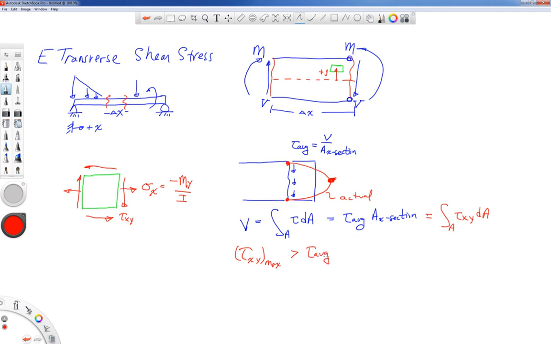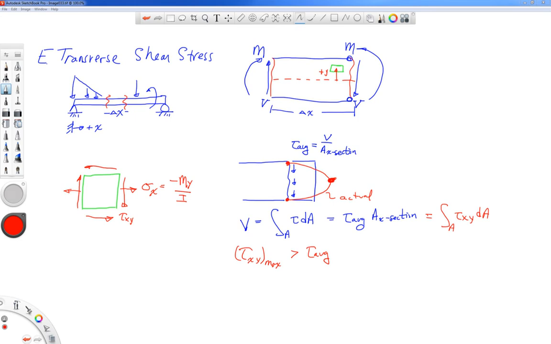So we do want to find a little bit better way then of finding this transverse shearing stress. And that's what we're going to do in this lecture. Now the key to finding this formula, before I leave this page, is to take a look at the horizontal shearing stresses. Since the horizontal shearing stresses are the same as the vertical shearing stresses, and it's the vertical shearing stress that we think of when we think of the transverse shearing stress, that's what we want.